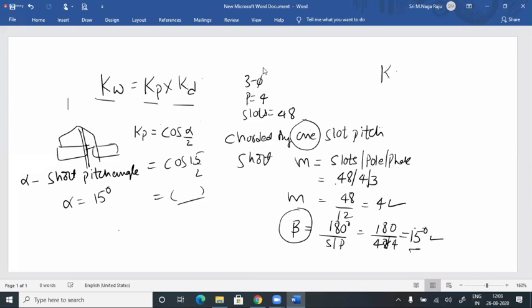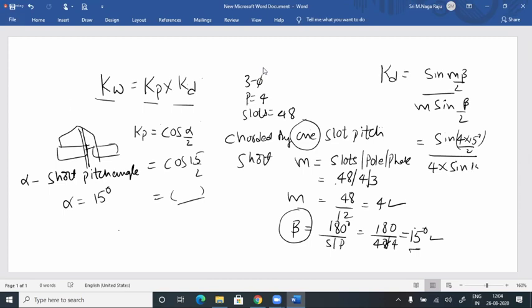Now, what is the formula for KD? Sin M beta by 2 by M sin beta by 2. We know each and every value. Sin, M is 4, beta equal to 15, so sin 4 into 15 by 2 by 4 sin 15 by 2.